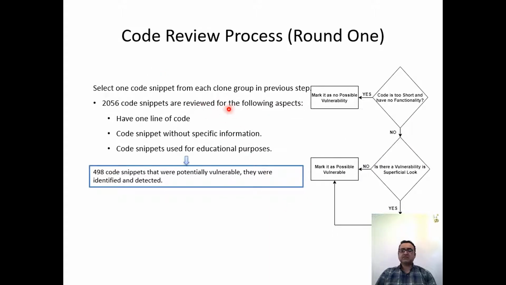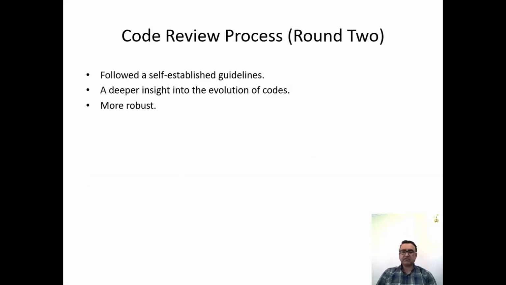In the first review process, we just checked what might have a vulnerability, and we ended up with almost 500 code snippets that may be vulnerable. Some of them that didn't have functionality, or that didn't have long lines, were omitted.